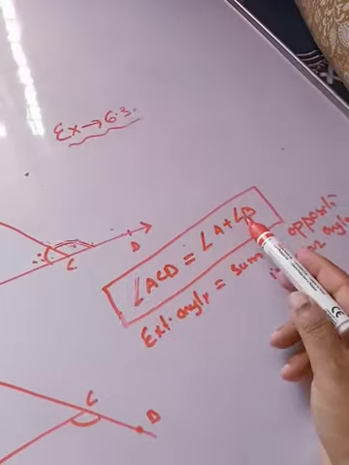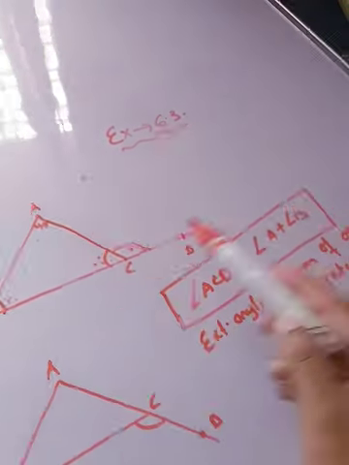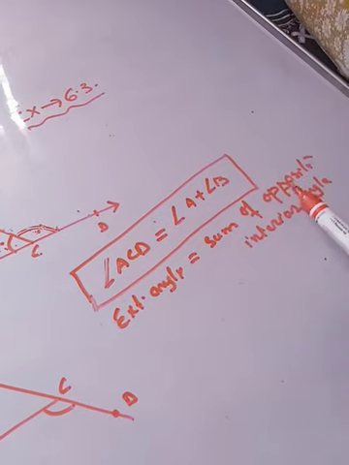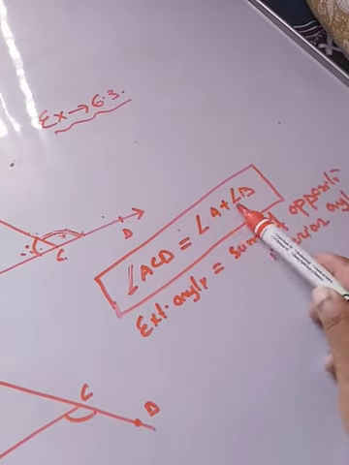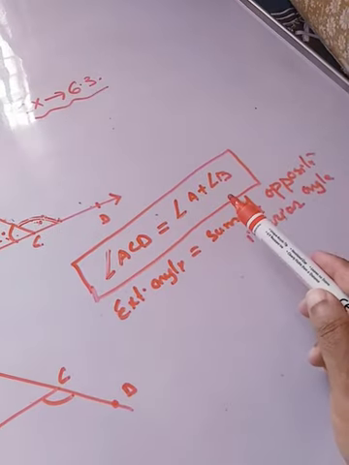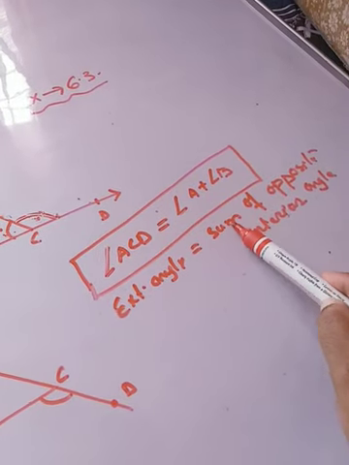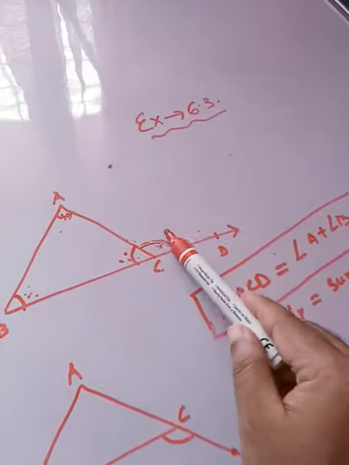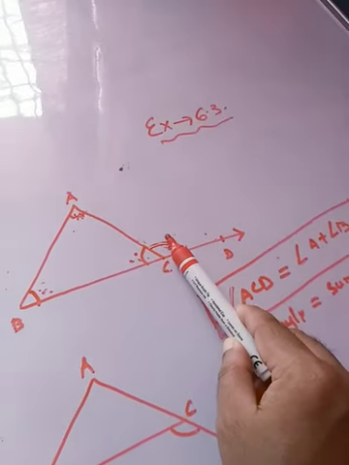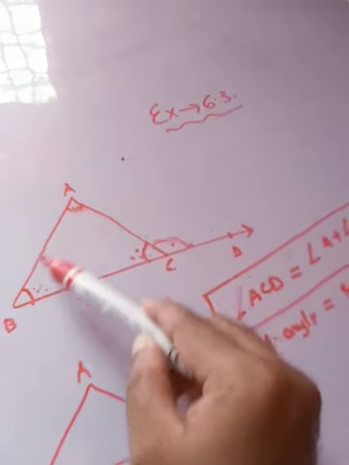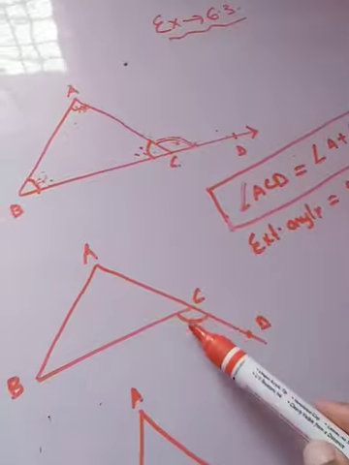So these two angles are opposite, and because they are inside the triangle, that is the reason I have said opposite interior angle, and sum also, since we are doing addition. That is the reason I have written sum. Okay, this exterior angle is equal to the sum of the opposite interior angles.